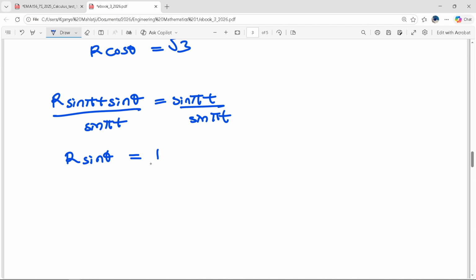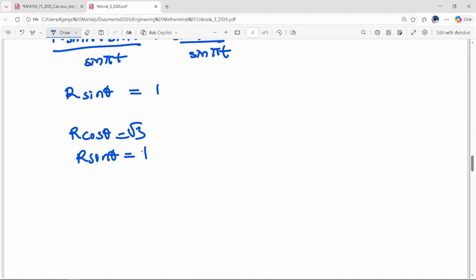Now you have two important equations. You have r cos theta equal root 3, r sin theta equal 1. Now let's continue. We're going to first determine theta. When you say r sin theta over r cos theta, you will have 1 over root 3.